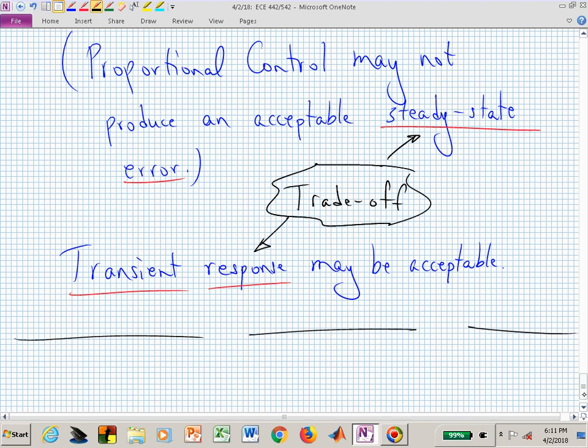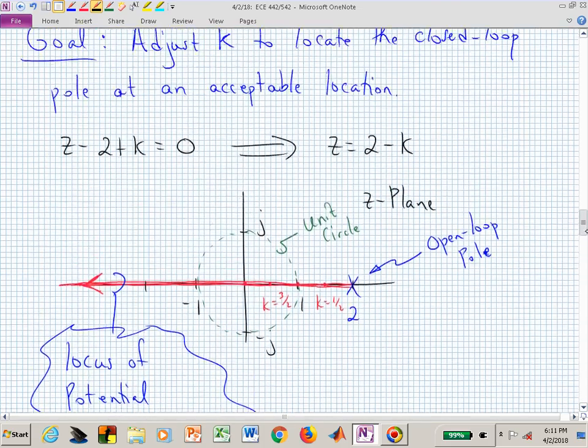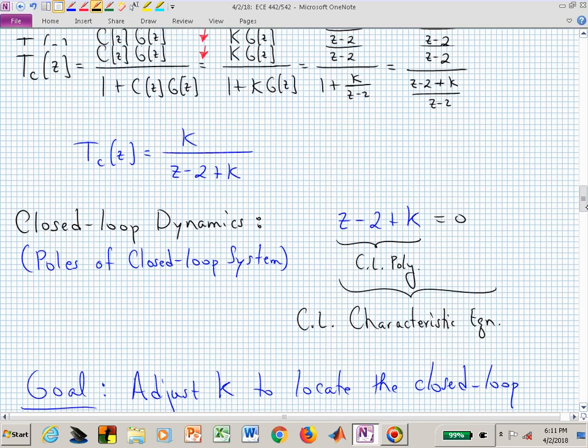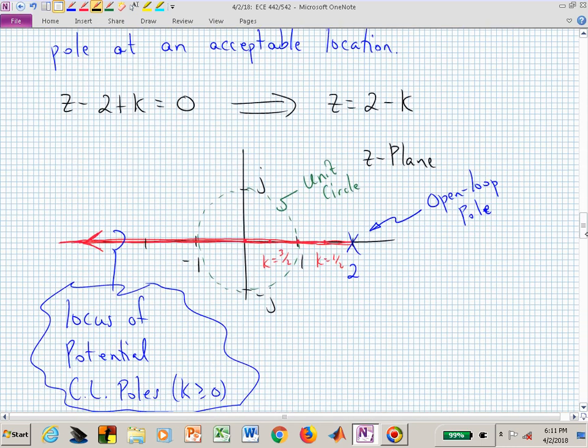Before we go too much further, let's go back here somewhere and look at what we did.